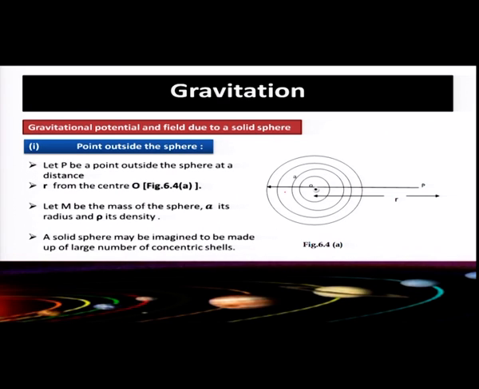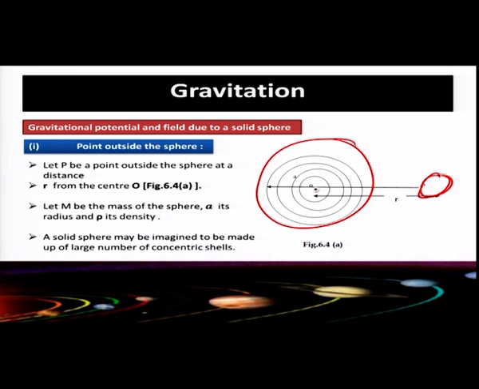So, let us consider a point P, and this point P is outside the sphere at a distance r. So, this is the sphere, and this point P is outside the sphere.